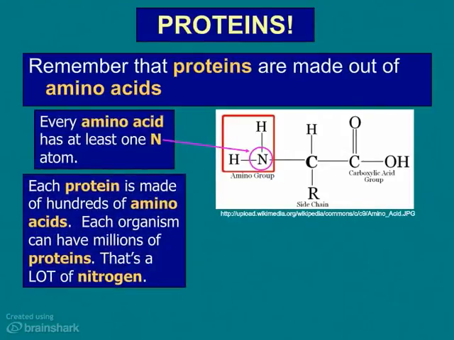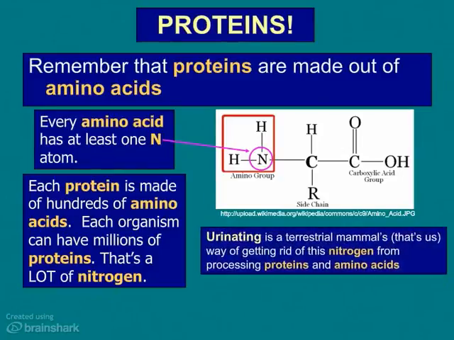And to put this in perspective, if each protein is made of hundreds, sometimes even thousands of amino acids, and each cell can have millions of proteins, and you are made of 10 trillion of your own cells, that's more nitrogen than we can really think of. Also, please remember that urination is the way that we get rid of our excess nitrogen that comes from the breakdown of those proteins that we consume.